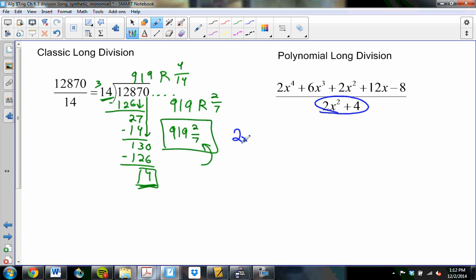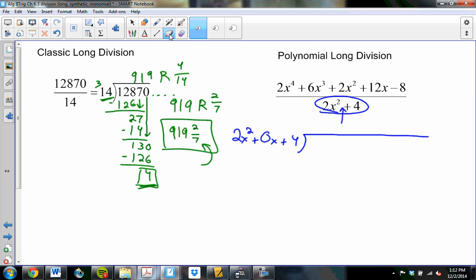So I have 2x squared plus 0x to the first plus 4. I have to account for the fact that there is no x term. That's actually not critically important on the outside, but if that were to happen here on the inside, it would make a very, very big difference. So always try and have all those x powers accounted for.